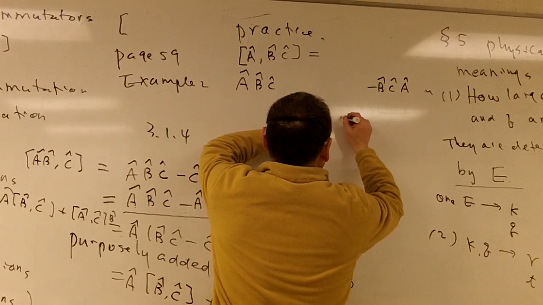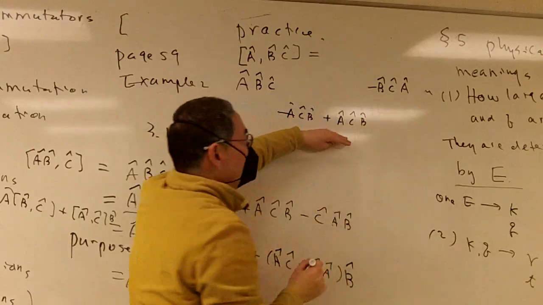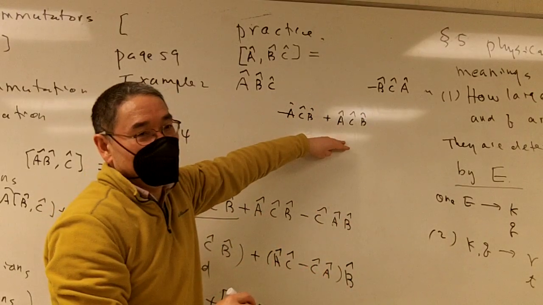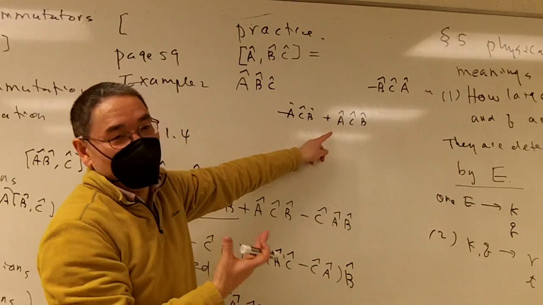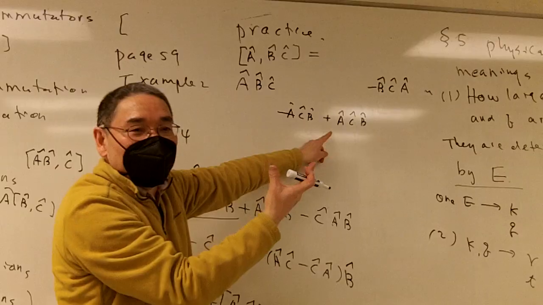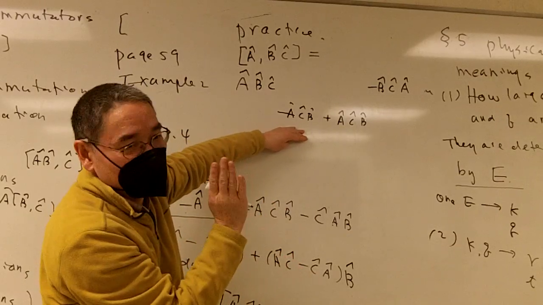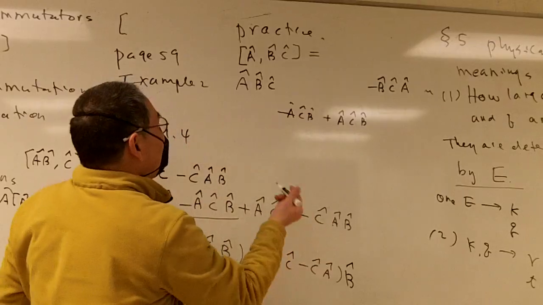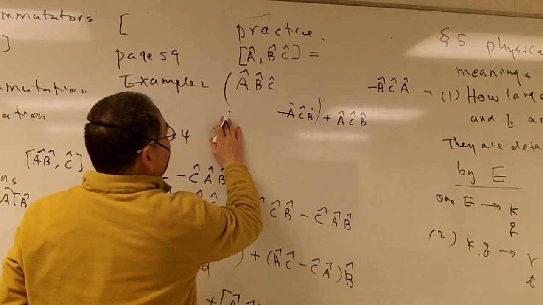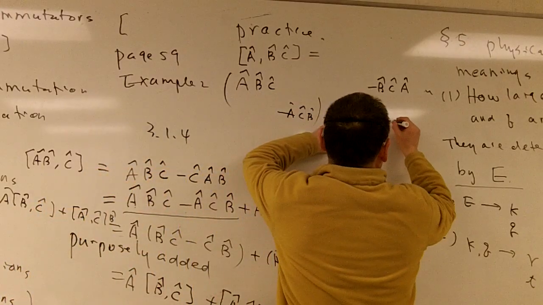If you subtract this, you have to add the same term, so these two must cancel out. Otherwise, you cannot just arbitrarily plug it in. But in this case, when you add this term, it won't allow you to simplify further. Let me show you why. You see, this term, yes, you can pull out A and B, C. But this term cannot do anything with that.